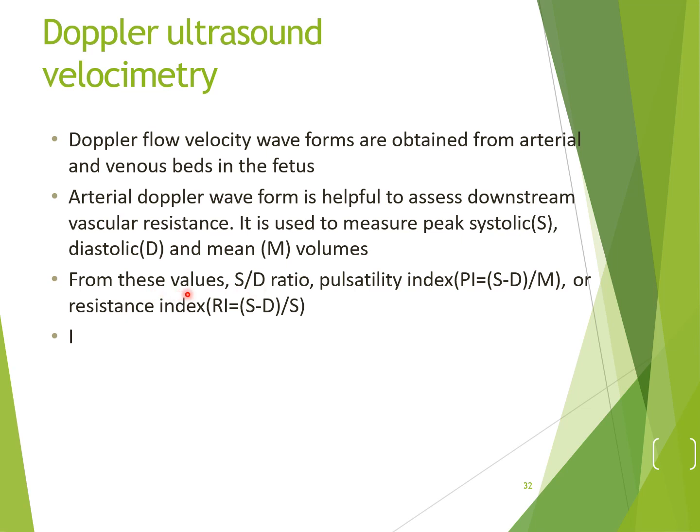From these values, we can calculate the systolic-diastolic ratio, and the pulsatility index, that is PI, which equals systolic minus diastolic divided by mean velocity. Or we can see the resistance index. The resistance index is systolic minus diastolic divided by systolic.